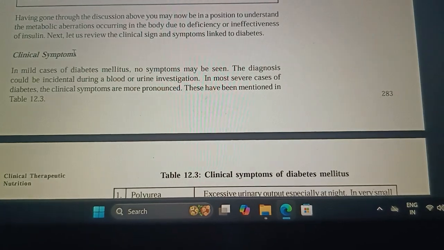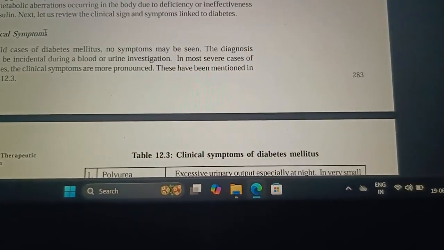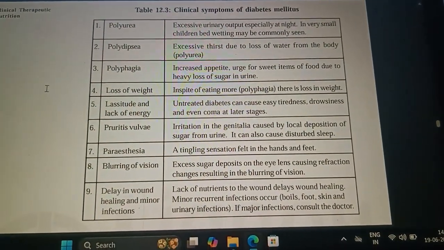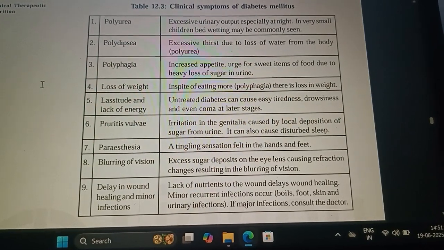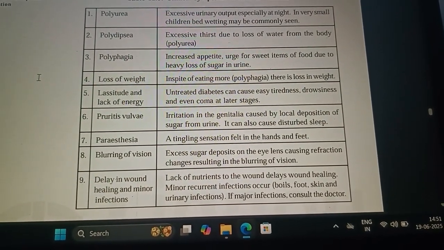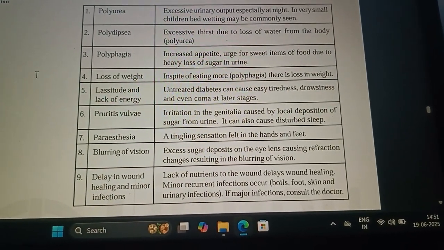Okay, some other clinical symptoms mainly shown in diabetes mellitus patients are, first, polyuria, meaning excessive urination, frequent urination, especially at night.